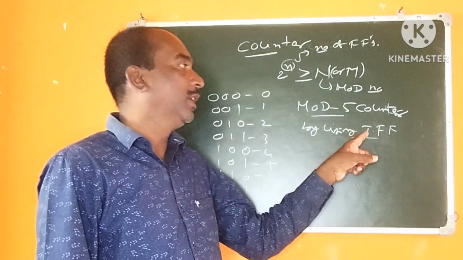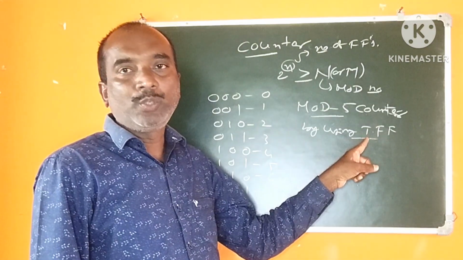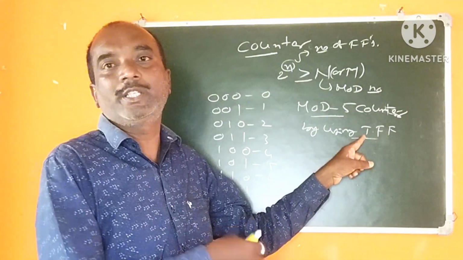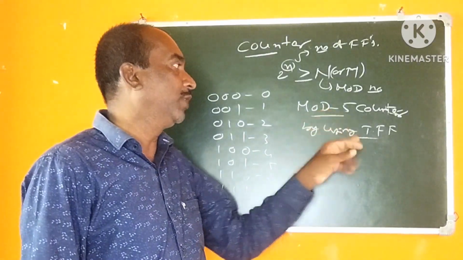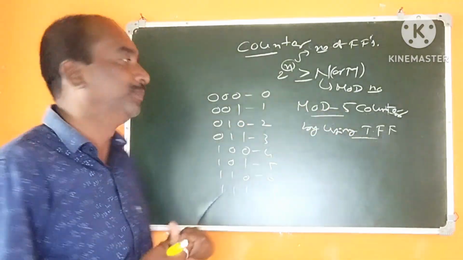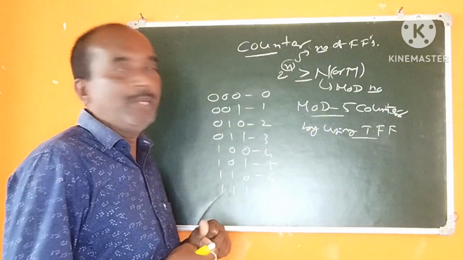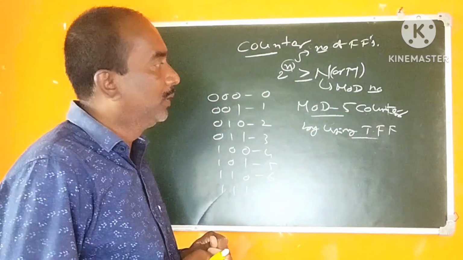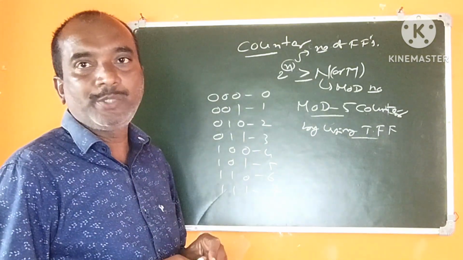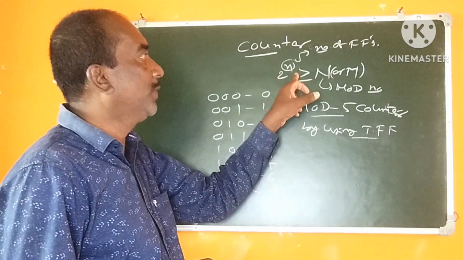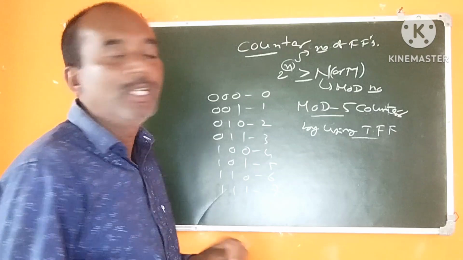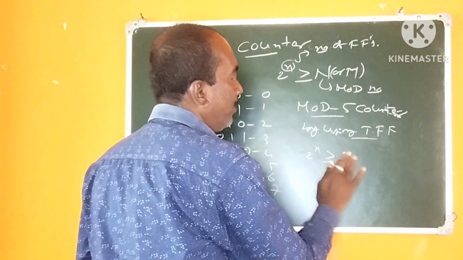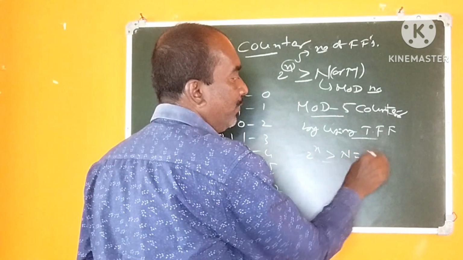We know the state table of the T flip-flop, because of that we can easily design the mode 5 counter. The number of flip-flops required can be determined by using the formula 2 power n is greater than or equal to capital N, and capital N is nothing but 5.